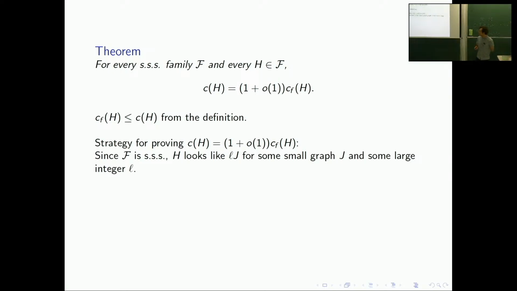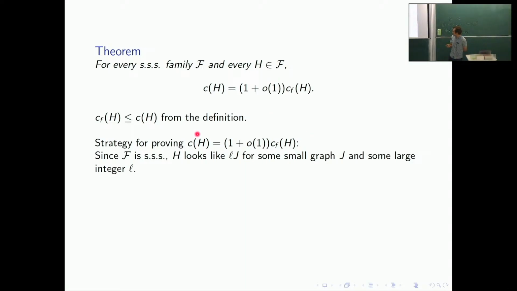The strategy for proving this goes something like this. First, since F is from some class which admits strongly sublinear separators, it turns out that a large graph selected from F looks kind of like a disjoint union of copies of some small graph.